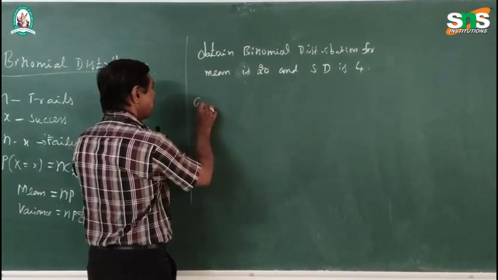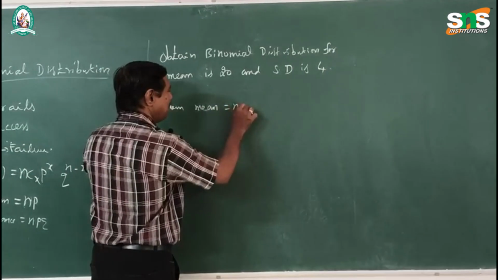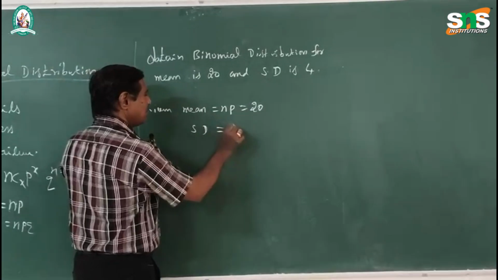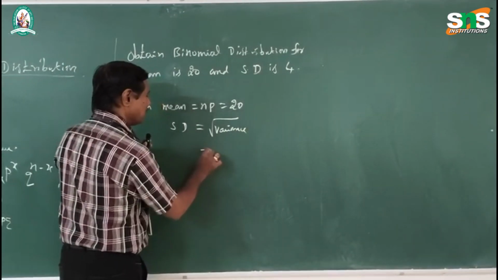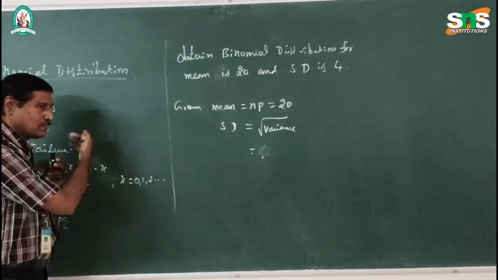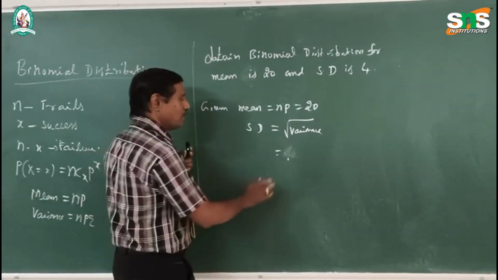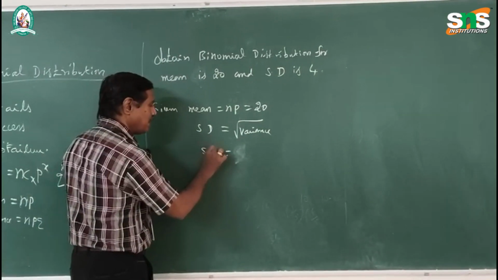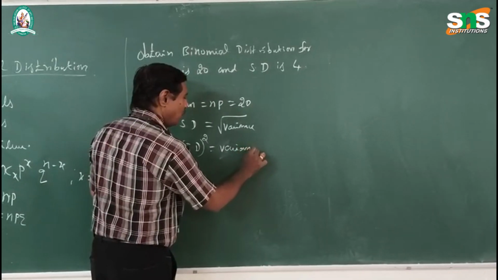So, given the mean of the binomial distribution np is equal to 20, and standard deviation is equal to the root of variance. But we need the variance value, because in the binomial distribution we have npq. Therefore, taking the square on both sides, standard deviation squared is equal to variance. And what is this variance?